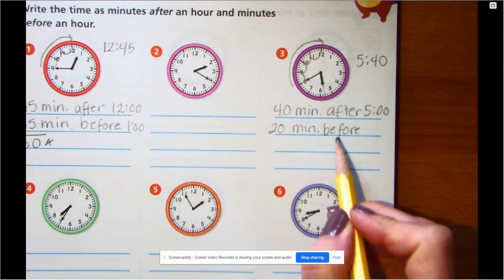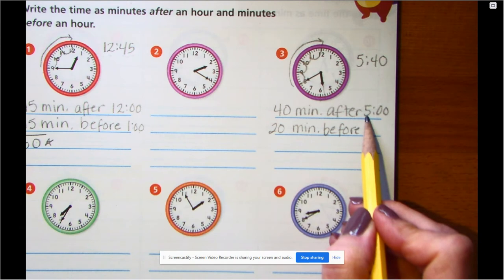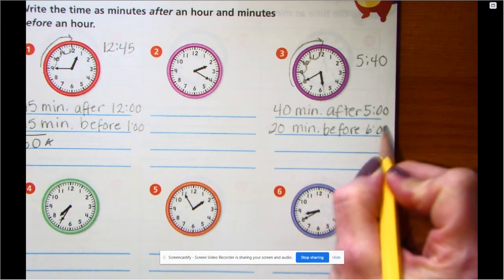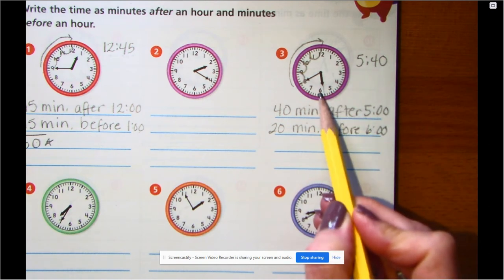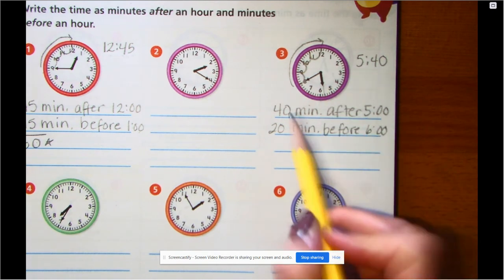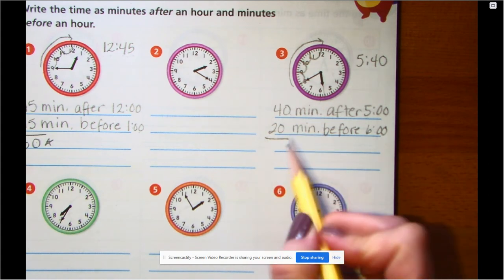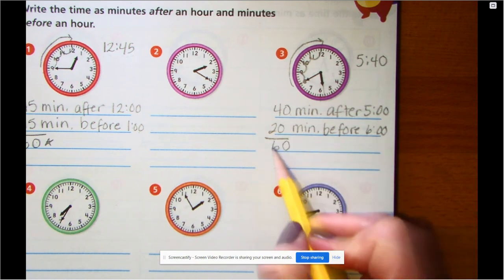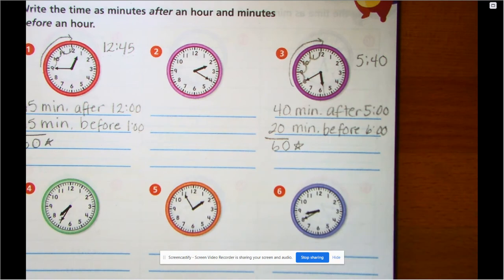So 20 minutes until, what would be the next hour? What comes after 5 o'clock? It'd be 6 o'clock. Right? So we're going to double check our hours. It's between 5 and 6. And we're going to add up our minutes to make sure we have 60 altogether. 60 minutes. Okay.